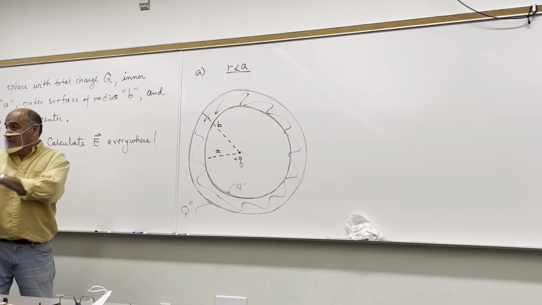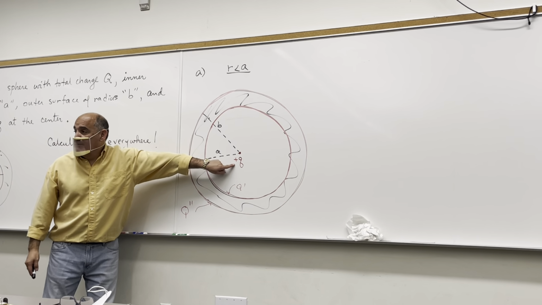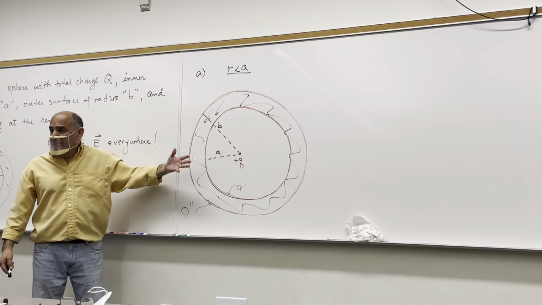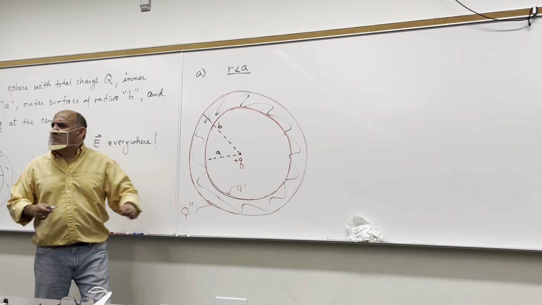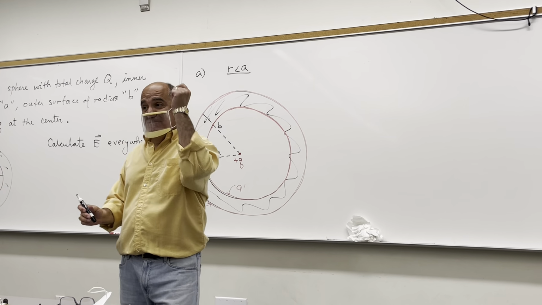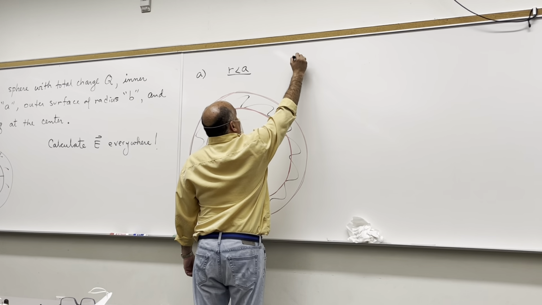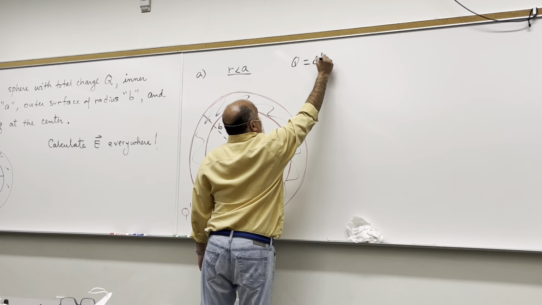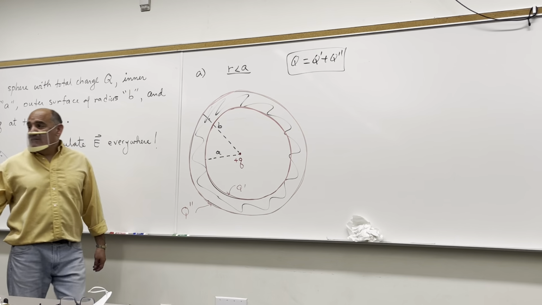I just don't know how much is going to go here and how much is going to go there, because it is actually affected by this q here. And since I have not given you any numbers, I'm trying to do a general problem, and then we'll do some numbers so that you can answer questions in 2 seconds. So we know that Q is equal to Q prime plus Q double prime, right? Are we good?